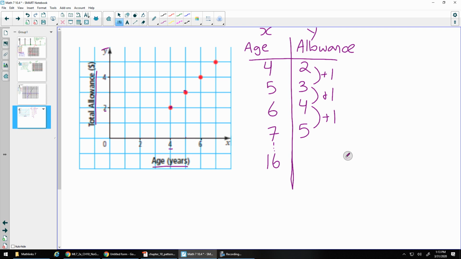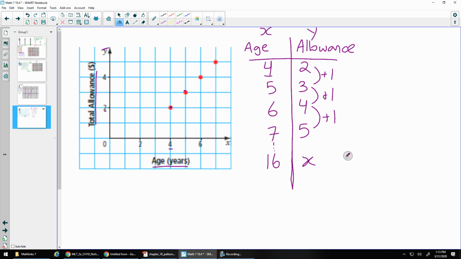So y is equal to x, but we have to subtract 2 from x to get the allowance. The allowance is always 2 less than the age.